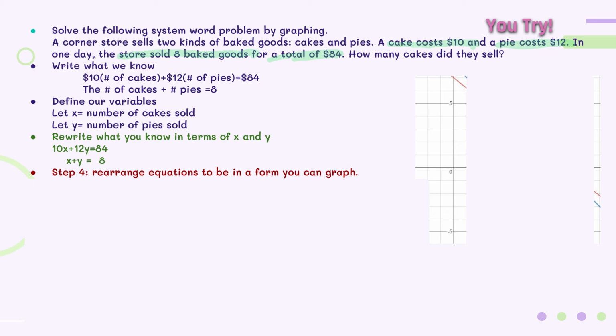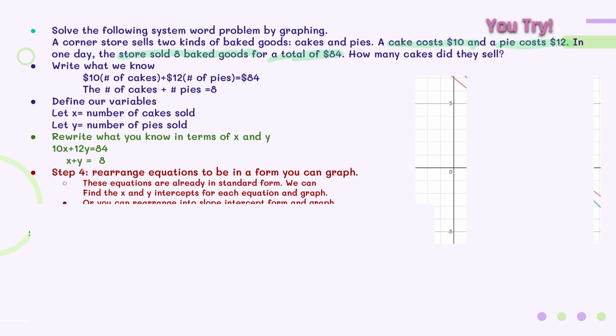Step 4 is to rearrange the equations into a form you can graph. These equations are already in standard form. You can find the x and y intercepts for each equation and graph, or you can rearrange into slope-intercept and graph. I rearranged into slope-intercept and got y equals negative 5/6 x plus 7, and y equals negative x plus 8.